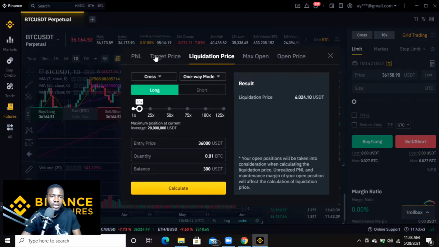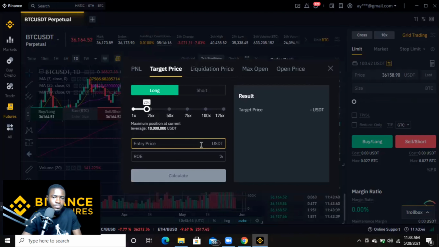So this is how to use the calculator, and it's very important, right? This is also a really cool feature to use, because let's go to 10x leverage, or let me just use 9x leverage. So basically, if I want to enter a long position on BTC at 36,000, right? And I want to check what price BTC has to get to before I can make a certain return on my investment.